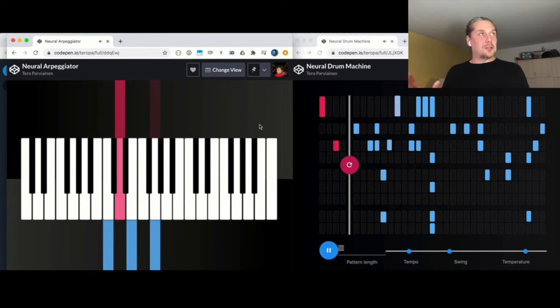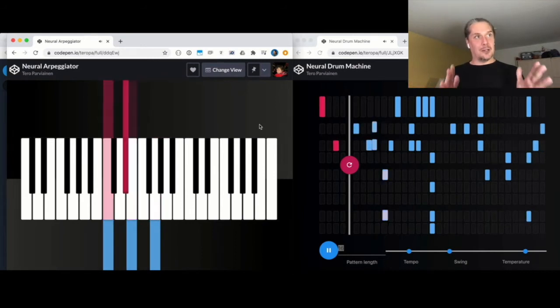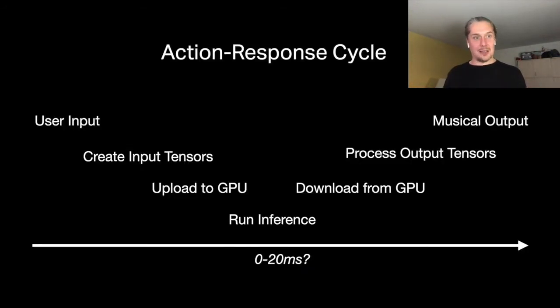Now, there are of course many design considerations in a musical instrument, but I find one of the most important ones is the latency between the input and output when you're playing it, the so-called action response cycle, which needs to be in the low order of milliseconds for it to feel good when you're playing it. And if you're running a machine learning model, there's a lot of stuff that you need to cram into that time.